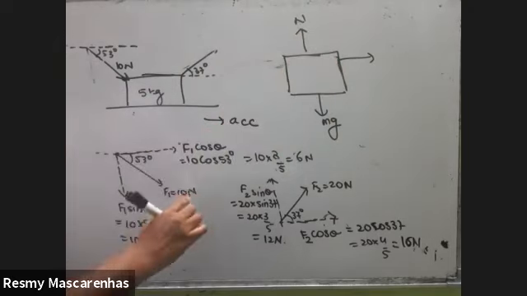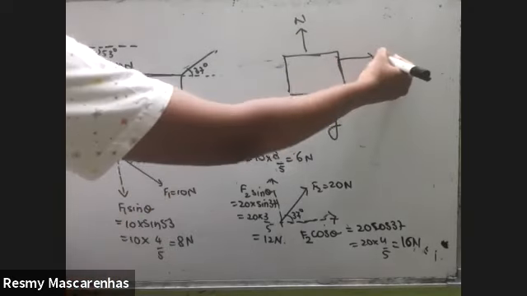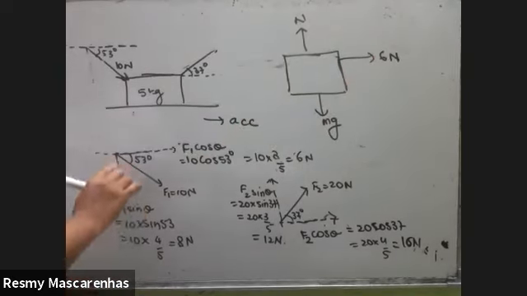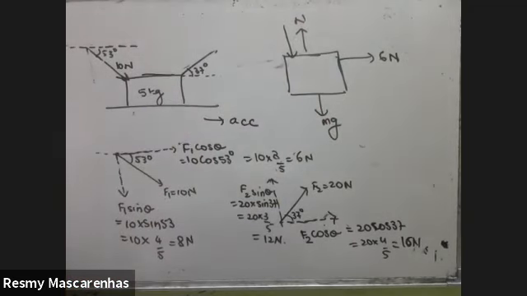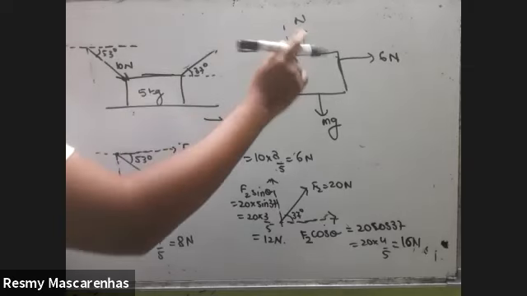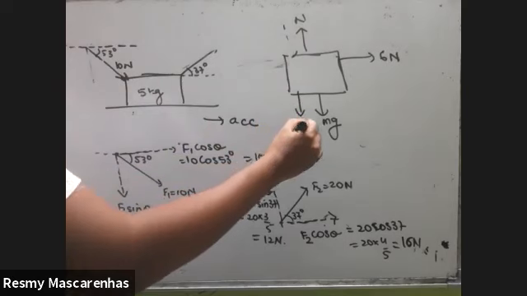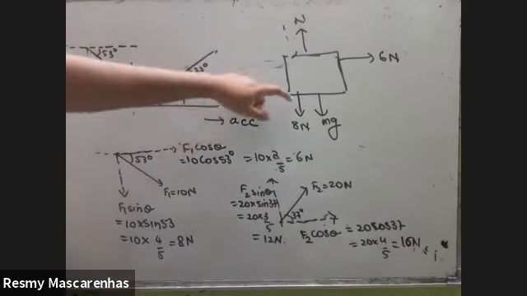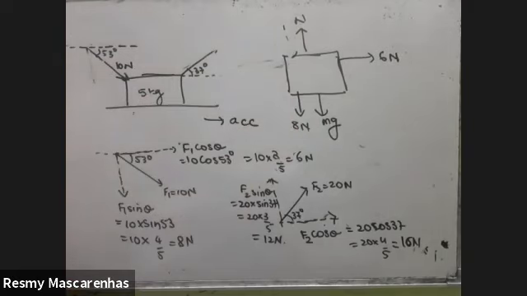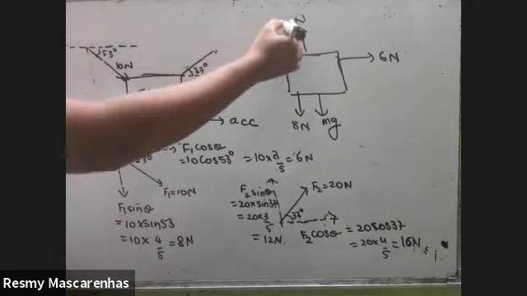We'll put it here. So how much is it? The horizontal is 6 Newton. This is going vertical. Either I can put it upwards here or I can put it down. Doesn't matter. Downwards, so it is 8 Newton. Here also I can put, no problem.